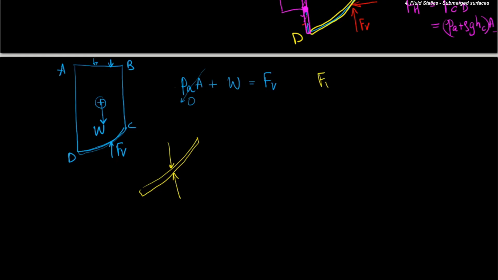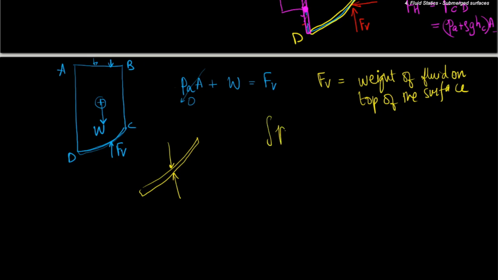The vertical force is going to be the weight of fluid on top of the surface. And this particular approach really allows us to quickly find out the force acting on a curved surface, because we do not need to do that complicated integral.